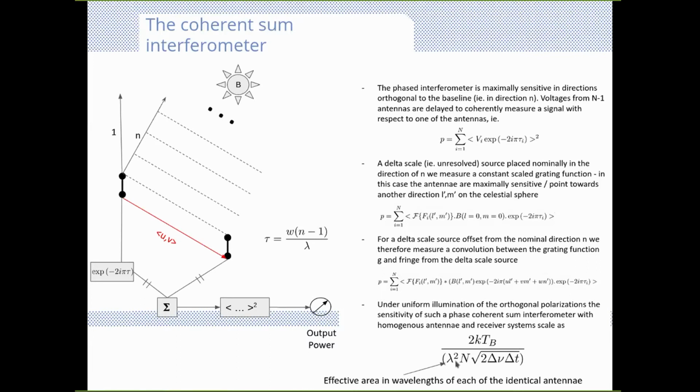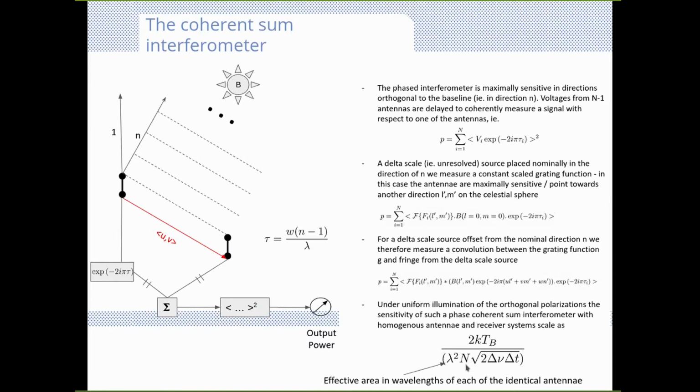So if we have, for instance, the MeerKAT array where all the antennas are roughly the same, then the sensitivity is roughly going to scale as n times the total collecting area in wavelength, right? So as we add more and more antennas, our sensitivity improves substantially, right?